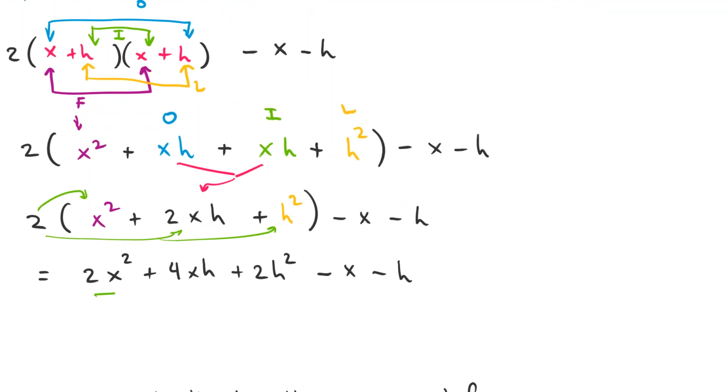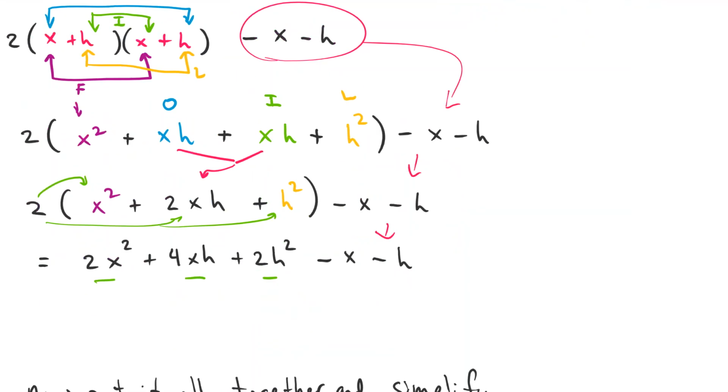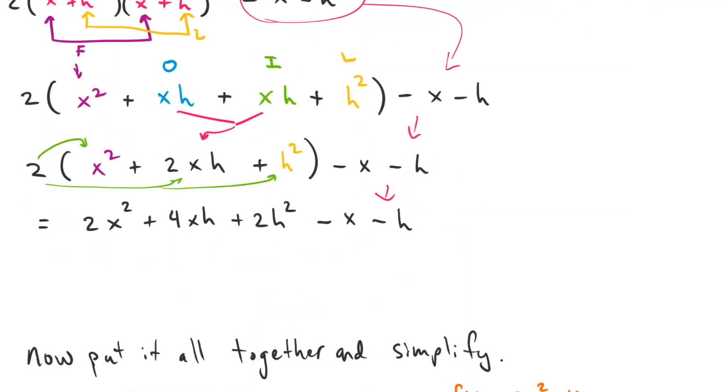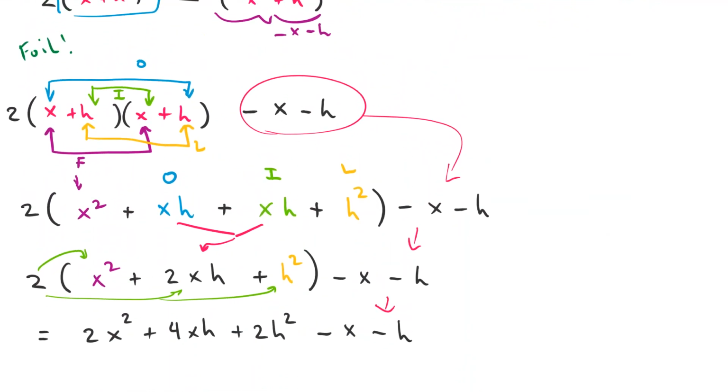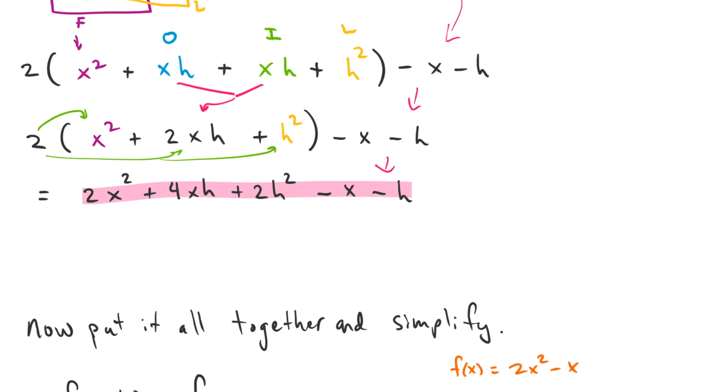That gives us 2x squared plus 4xh plus 2h squared. And then we have our minus x minus h that have been tagging along from all the way up here. They just keep coming down. So there we go. We have now what f of x plus h is. It's kind of long, doesn't look super awesome, but we know that that is f of x plus h.